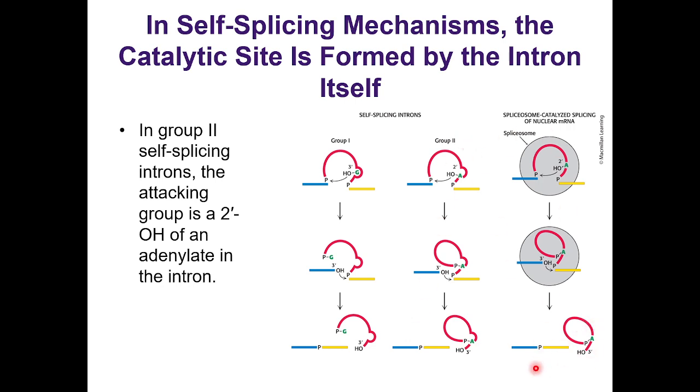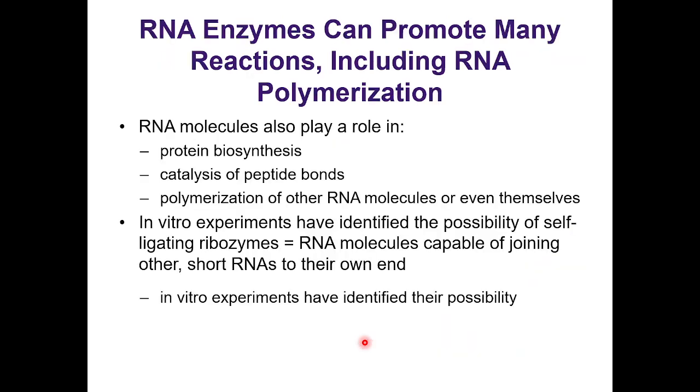The group 2 and the spliceosome versions are very, very similar. Okay? They really don't have much of a difference at all. The big difference being that it's an internal match in group 2, and in the spliceosome, it's matching to an external RNA that's attached to the spliceosome, right? Okay. Everybody see that okay? Group 1, on the other hand, does not. It's a linear that you end up with. Now, it can later on reattach into a circular form, but you don't end with a circular form.